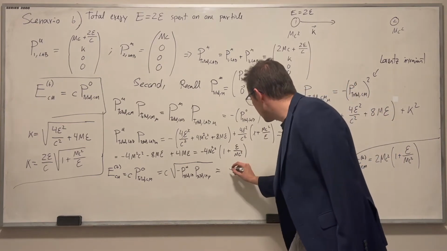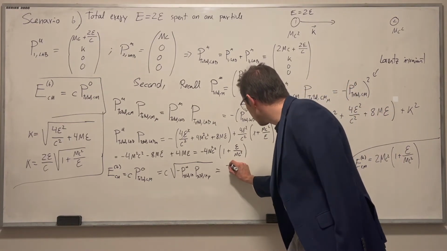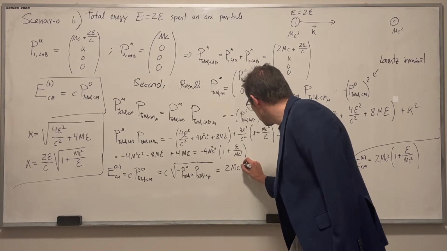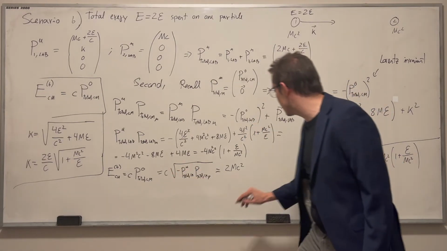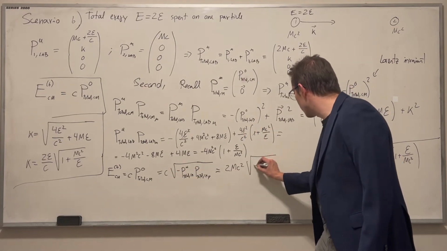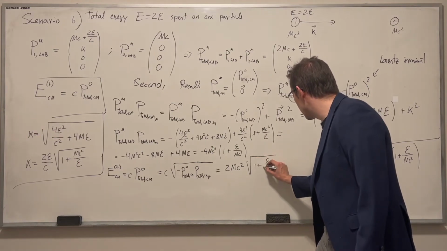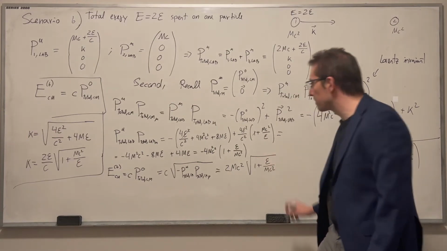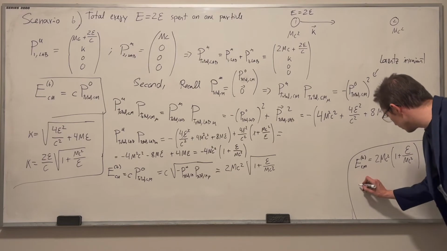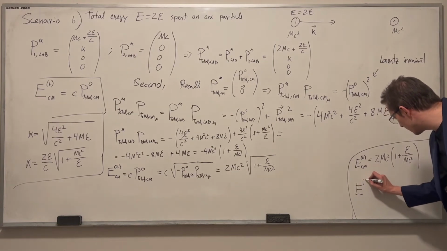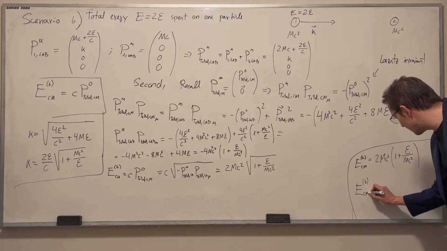This is going to be equal to twice mc squared, already multiplying by the c, times the square root of 1 plus E divided by mc squared. And this is the second result we want: E in case B, center of mass.